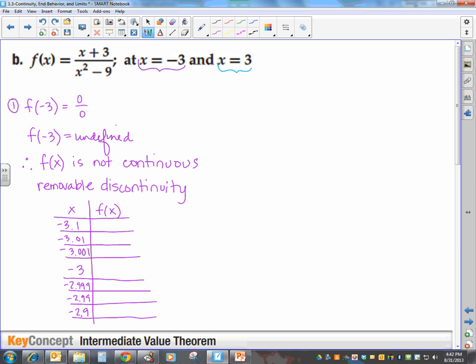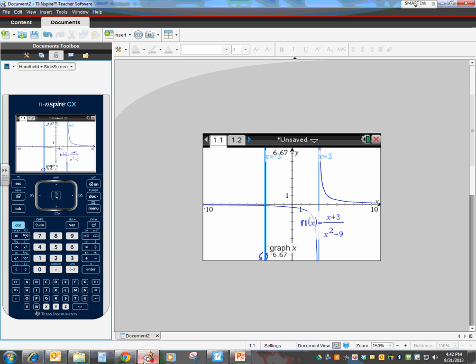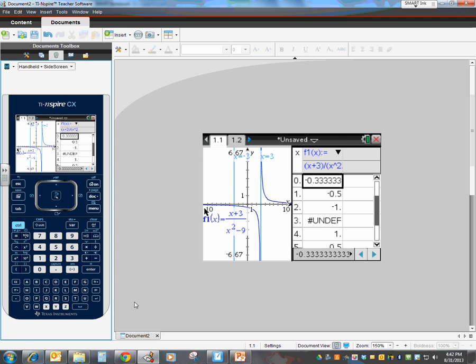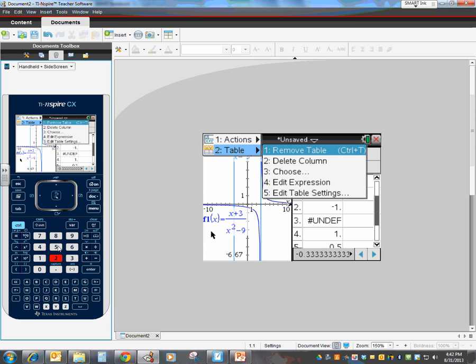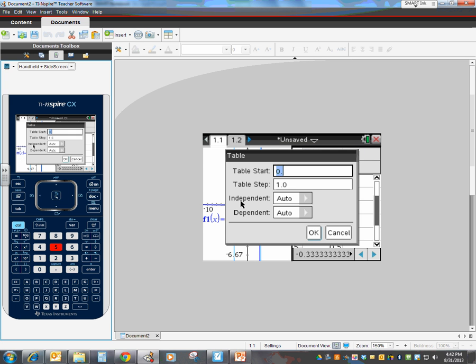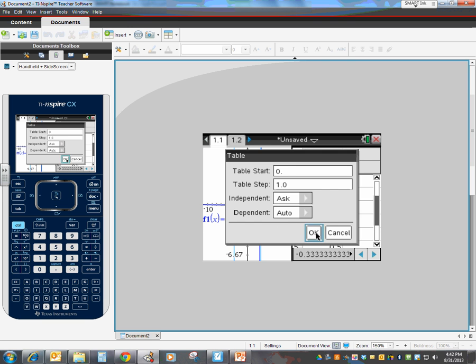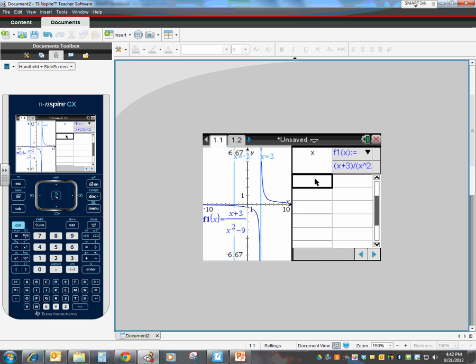Okay, and in case you can't tell, let's go look at what the table would look like. So I'm going to hit Control T to bring up my table, and I'm going to hit Menu, and then number 2 for table, number 5 for settings, go to independent, change it to ask, say OK, and I'm going to put in the numbers.